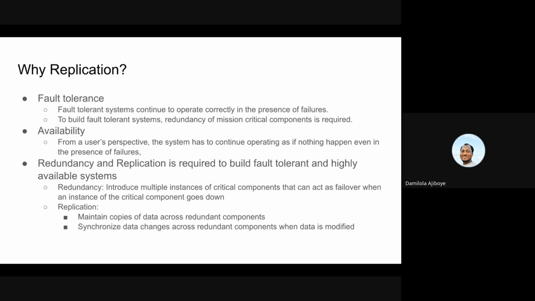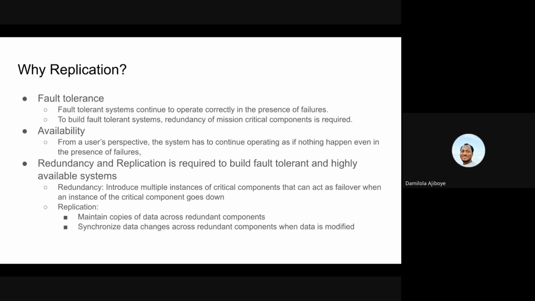So these are the reasons we need redundancy. When we talk about redundancy, having multiple instances of critical components, we look at it in terms of the data, which is where replication comes in. In these redundant systems, you want to have copies of the same data across the redundant components.